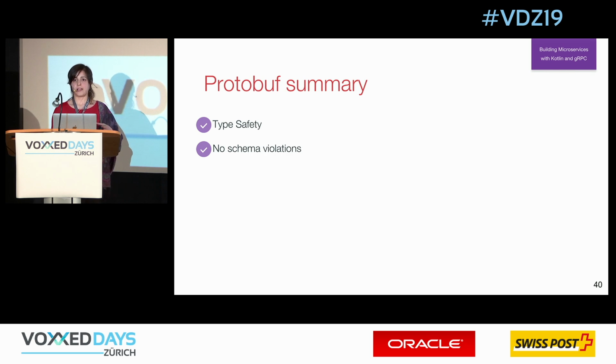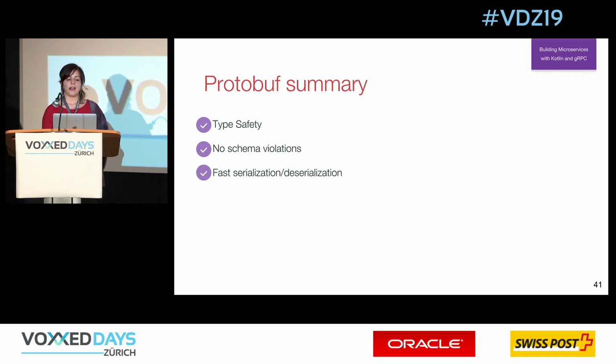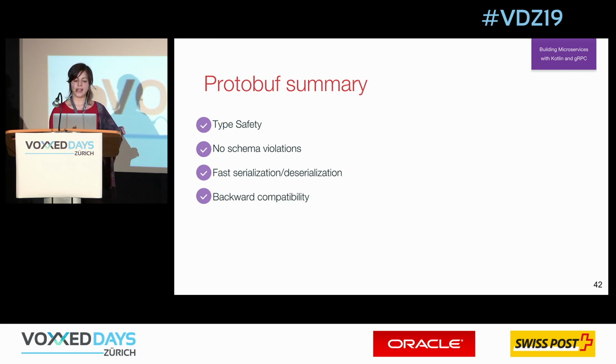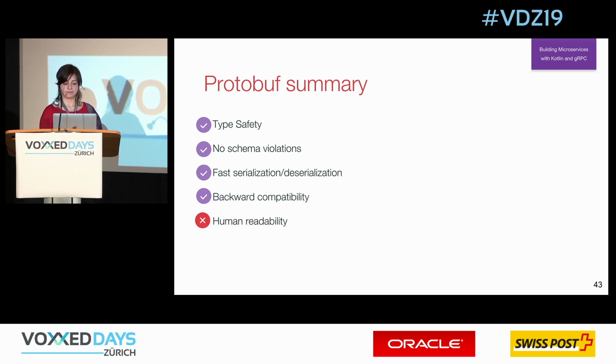And that's how you cannot pass wrong parameters to your RPC call. And the serialization is fast, because it's just serializing into bytes. And one more important feature of protobuf is that all fields of a message are optional. And that's why you can easily deprecate some fields, and you can easily add new fields. So it will work with backward compatibility.